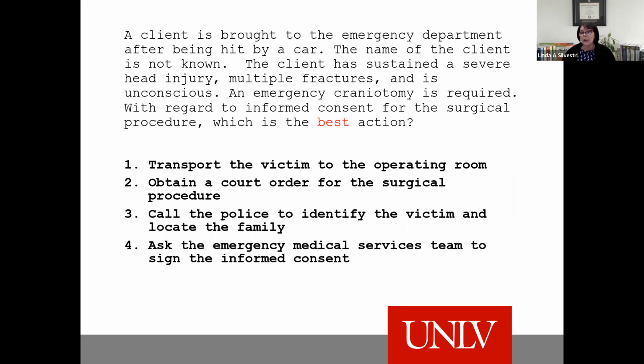We can make sure that the client understands everything on it. But if the client has questions about any procedure or surgical procedure or any other kind of procedure, then really the person who is performing that procedure needs to come and talk to that patient. Okay, but we can witness them signing it as long as they understand everything on that.